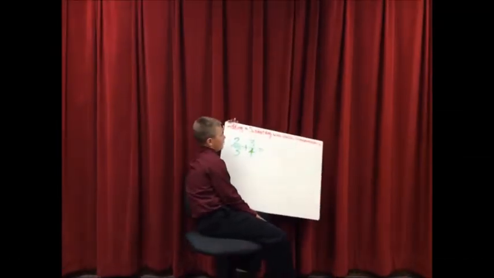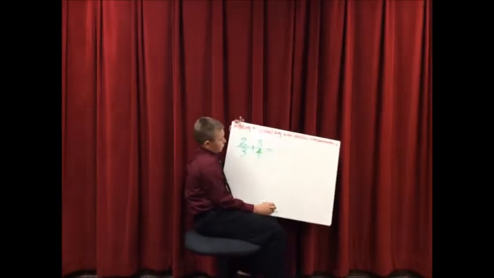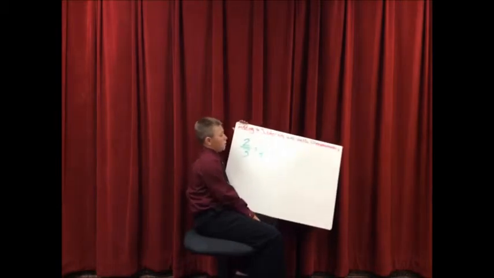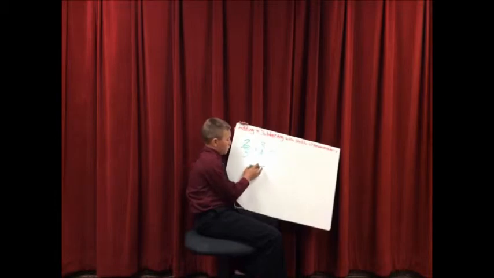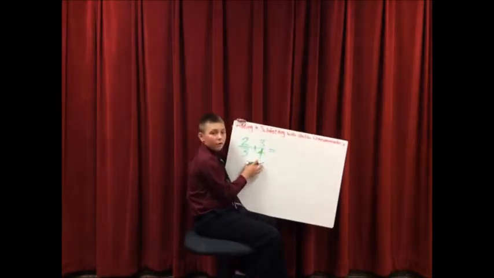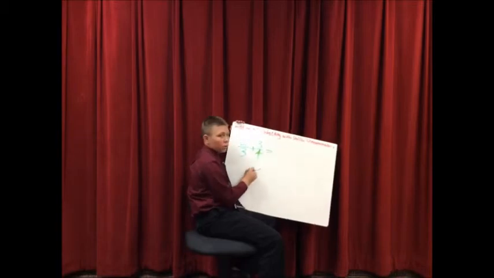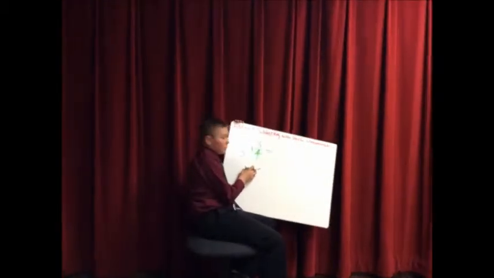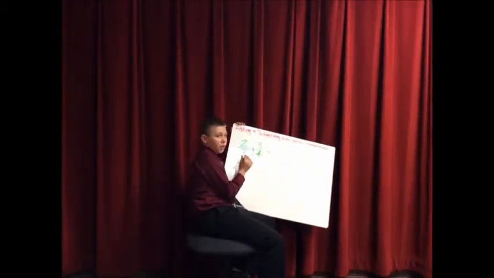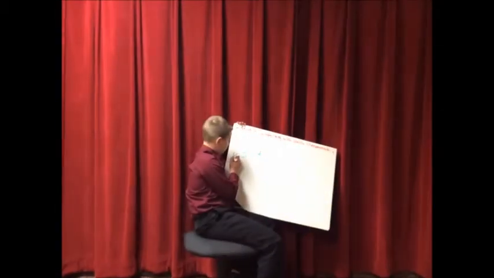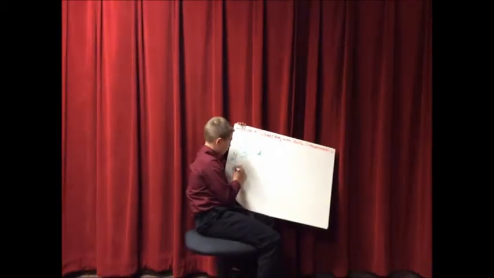Today we're going to be adding and subtracting with unlike denominators. Our problem is 2/3 plus 3/4. So we got to see if these have like denominators. Well, 3 can't go into 4. So if you come across a problem like this, then you're going to multiply each other. 4 times 3 is 12.